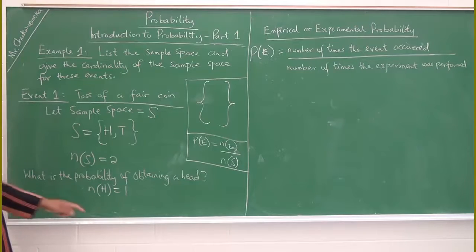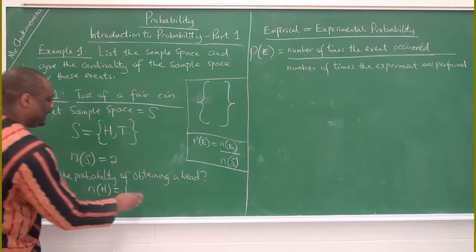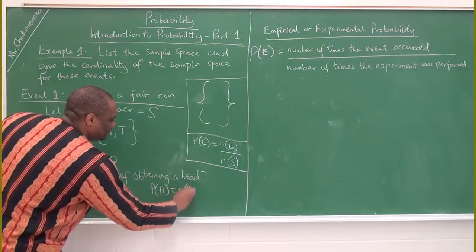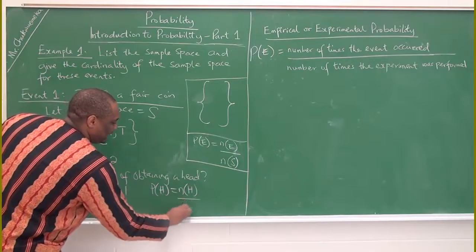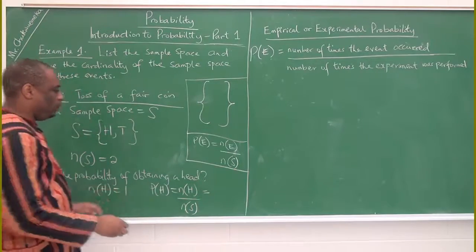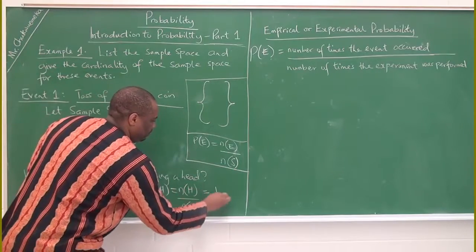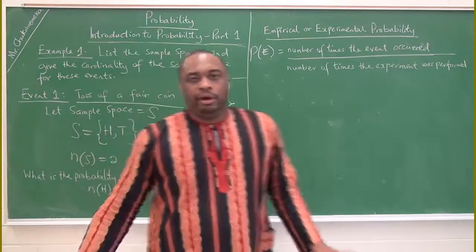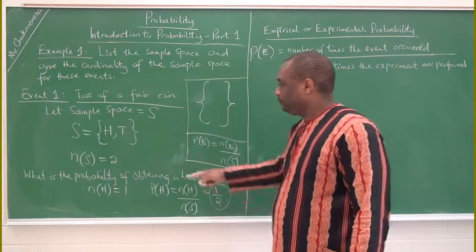So the probability of having a head is 1 over 2, half, 1/2, or 0.5, or 50%.